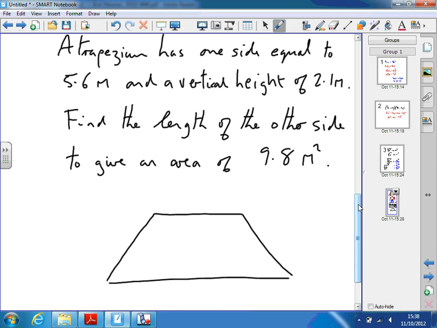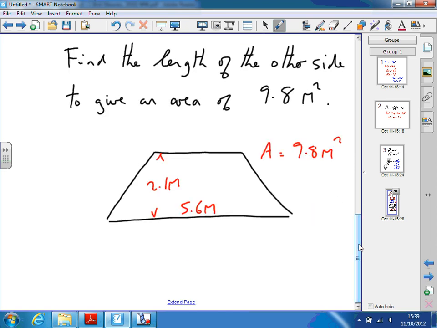So let's guess and call it the long side. I just made those figures up, so it could be the other way around, but that doesn't really matter. We're just putting the values on. We know the height is 2.1, so I know this height is 2.1 meters. And I know that the area is 9.8 square meters. So draw it and put the values on. Good idea.